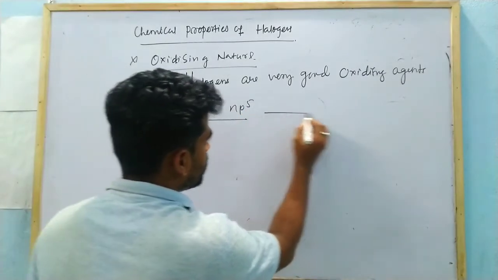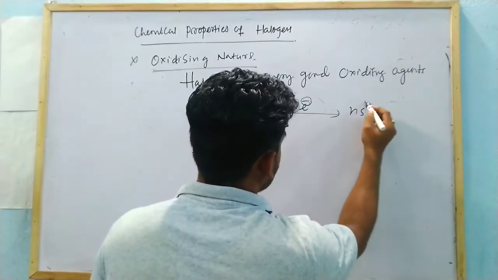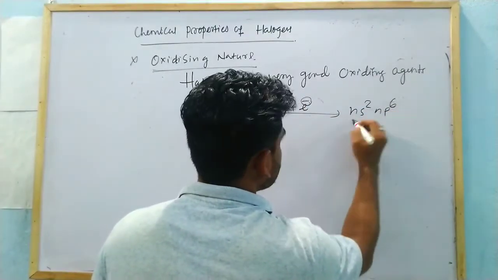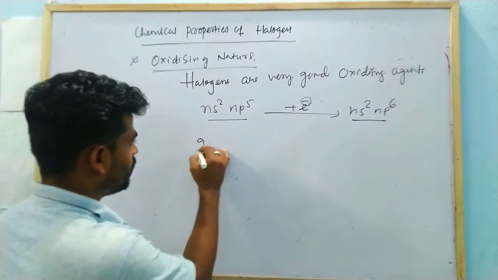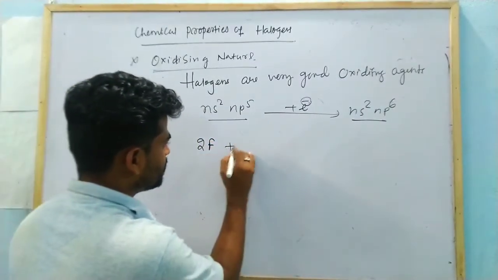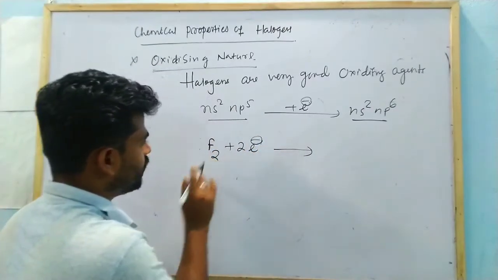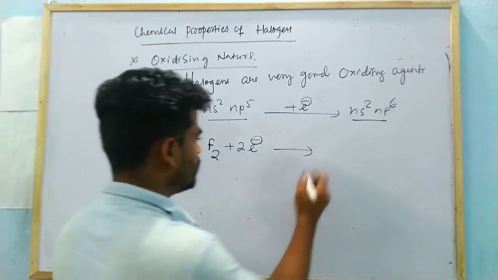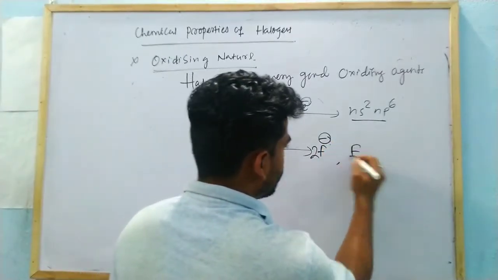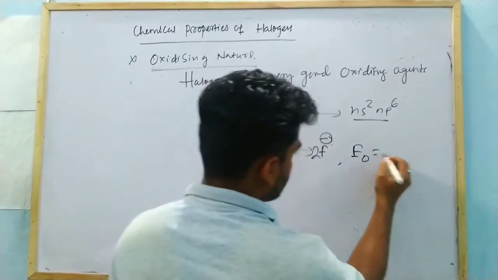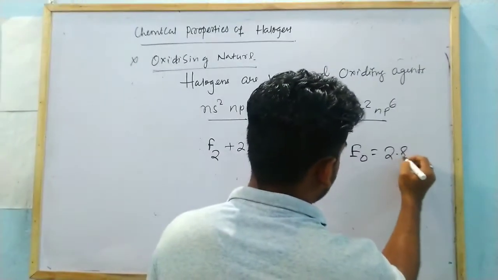They have a strong tendency to accept one electron and get converted into ns2 np6. In case of fluorine, F2 gains 2 electrons and gets converted into 2F minus. Practically the value of reduction potential is found to be 2.87 volt.